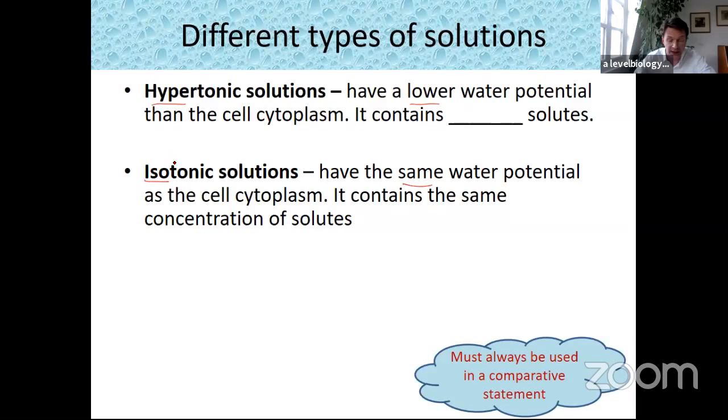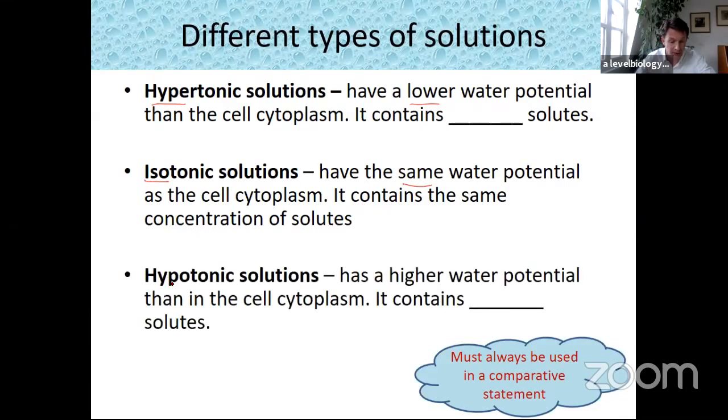Iso means the same, as in isobar. It contains the same concentration of solutes as the cell cytoplasm, whereas a hypotonic solution has a higher, or less negative, water potential, so it would contain fewer solutes. Always use these as a comparative statement, because something is either hyper or hypotonic to the cell cytoplasm.